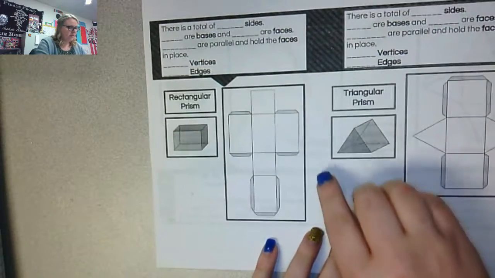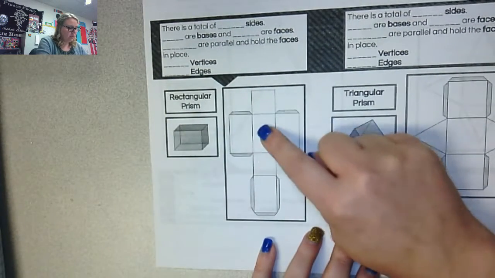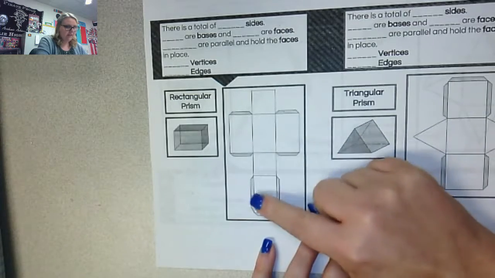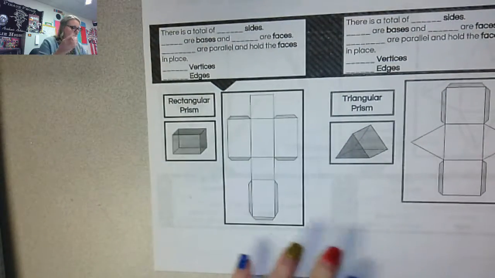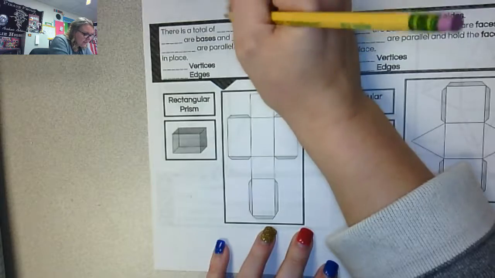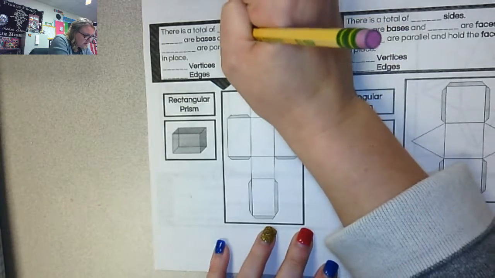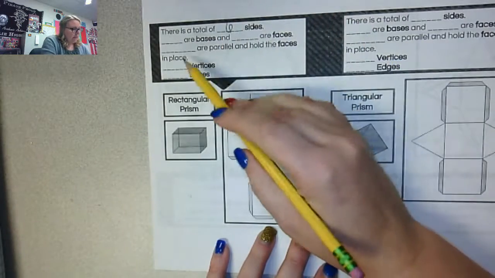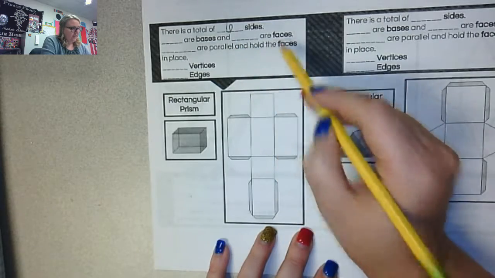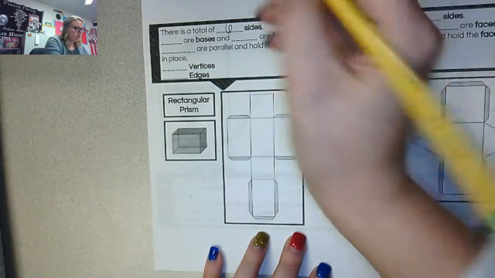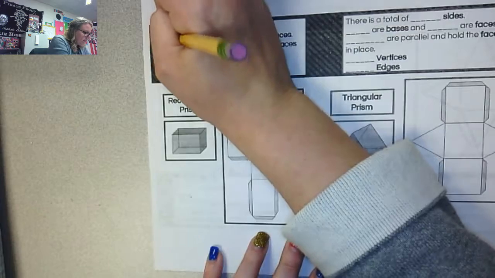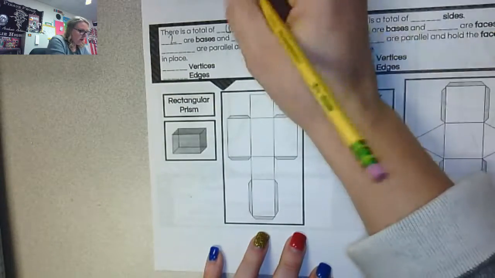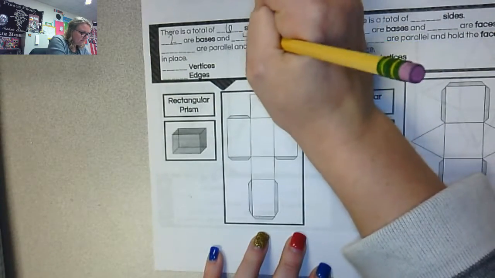When you look at it, there's a total of 1, 2, 3, 4, 5, 6 sides. There are 6 sides. Blank are bases and blank are faces. There are 2 that are bases and there are 4 that are faces.